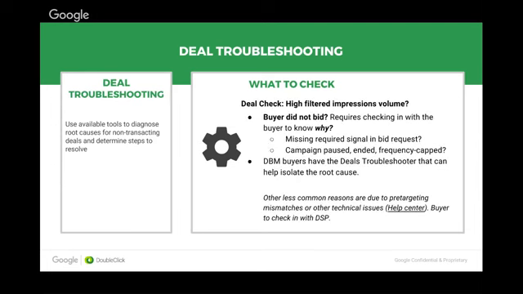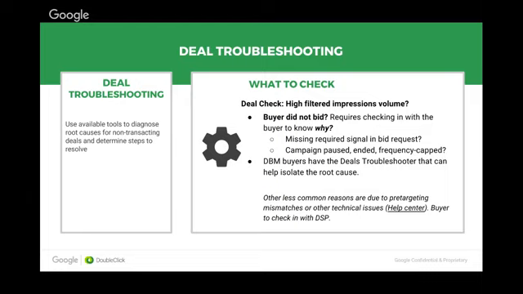So you have requests, but you aren't getting any bids back from the buyer. This is a bit hard to troubleshoot from our side, from the sell side. But there are a few things you can do. First thing, of course, is talk to the buyer.